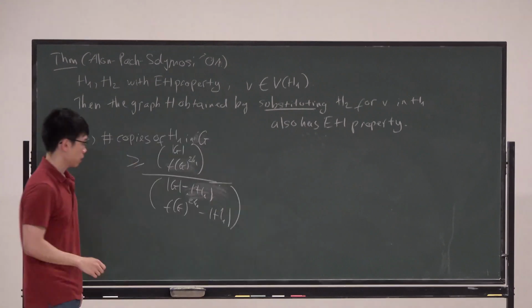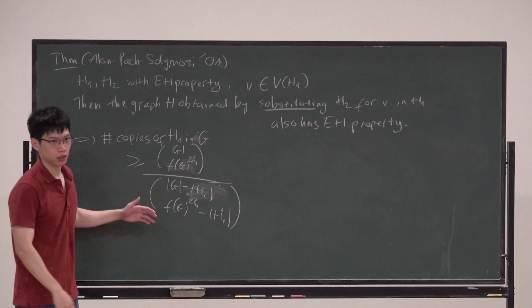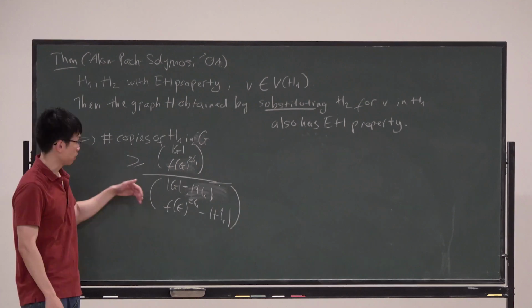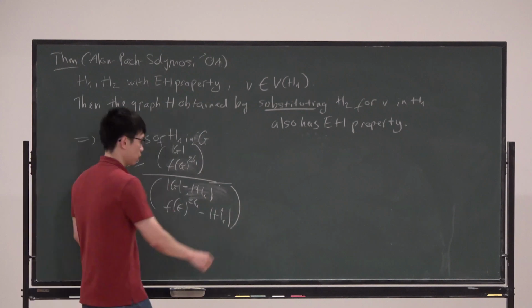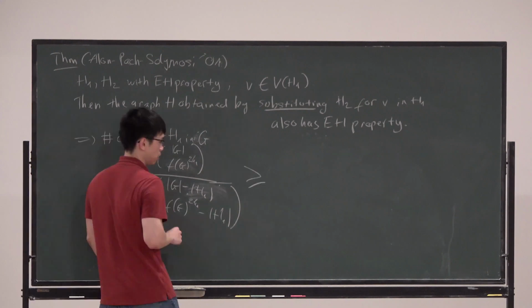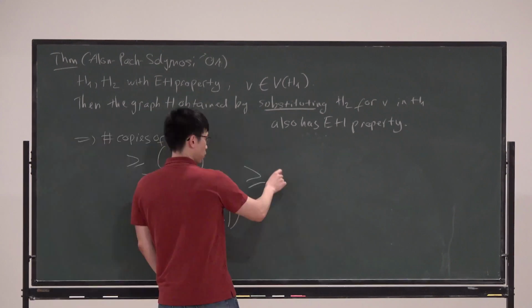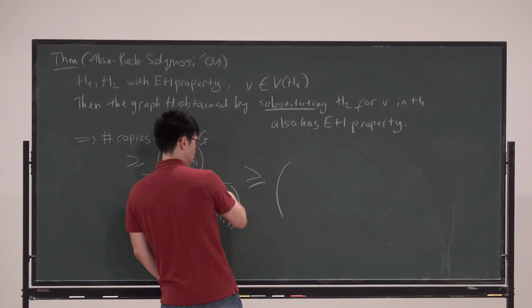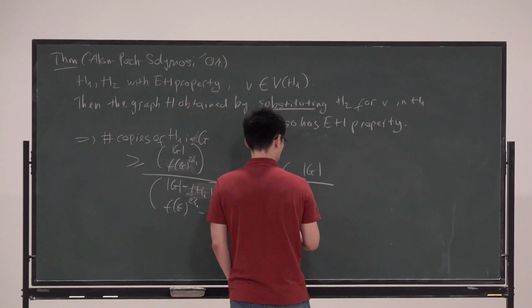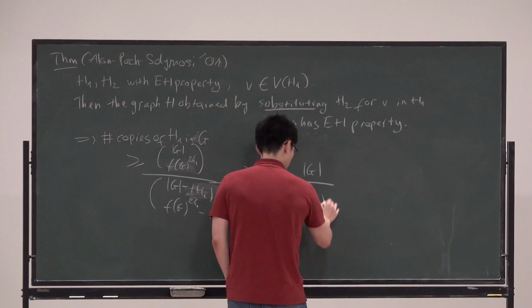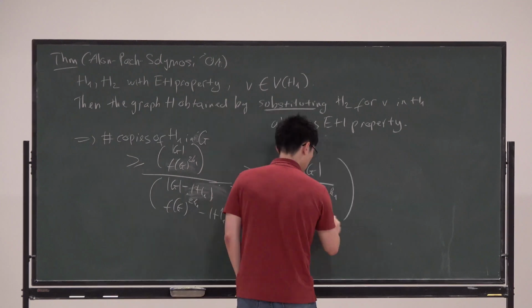Now, I guess many of you are familiar with this expression, right? The next obvious step is to apply a very simple inequality to deduce that the left-hand side is at least G divided by f(G) raised to the power of 2K1, and altogether raised to the power of the size of H1.